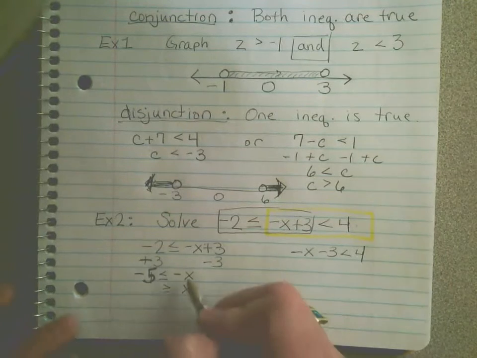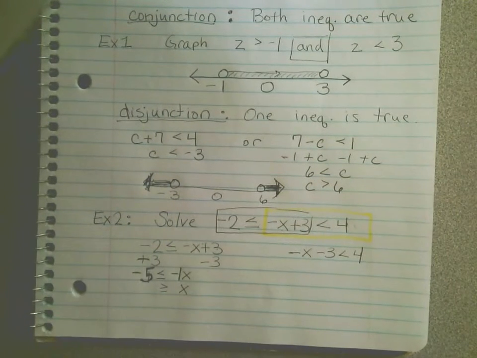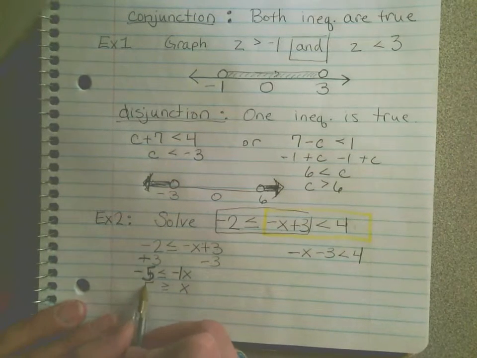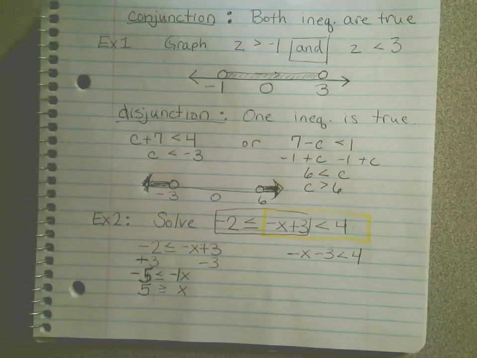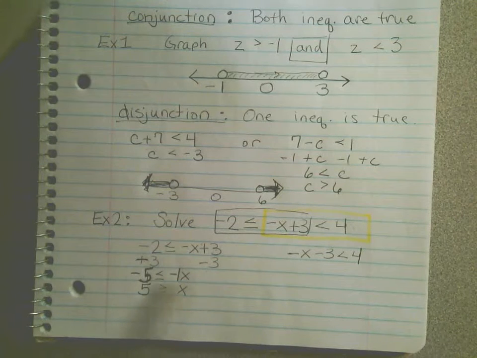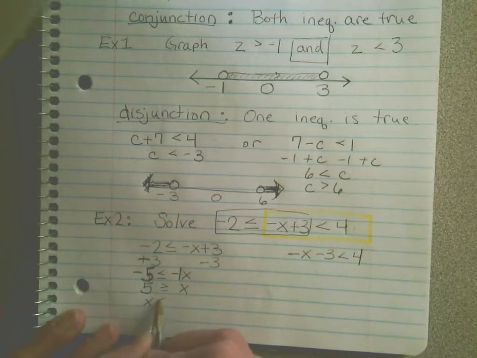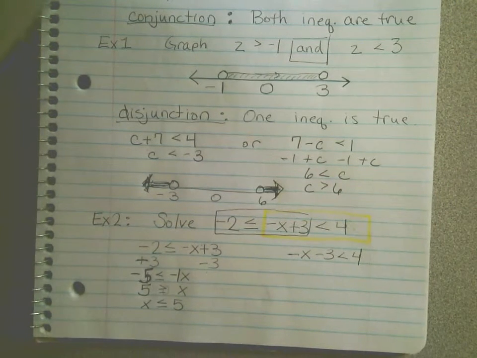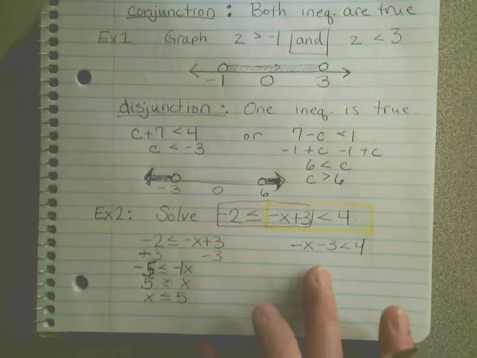If you look at this as a coefficient and divide it out, you're going to flip your sign and you're going to end up with a positive 5, which we're not used to looking at it like that. We're used to looking at it, x is less than or equal to 5. Notice the pointy piece still continues to face the x. Okay?